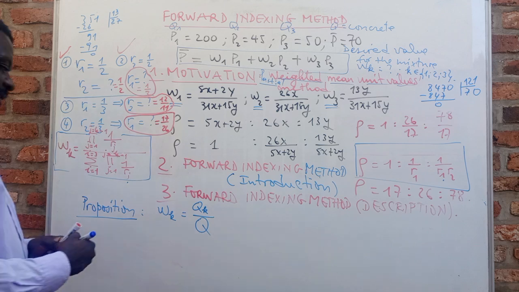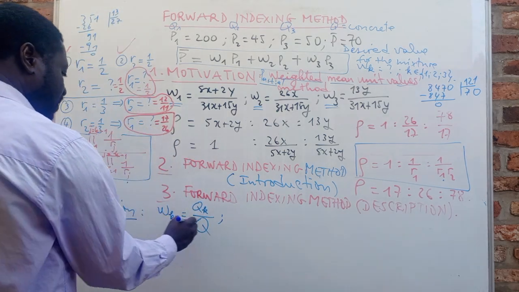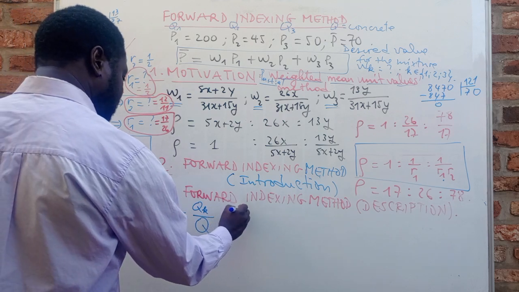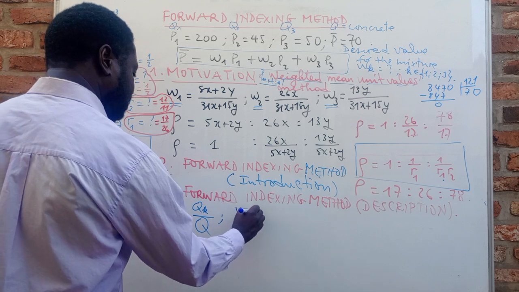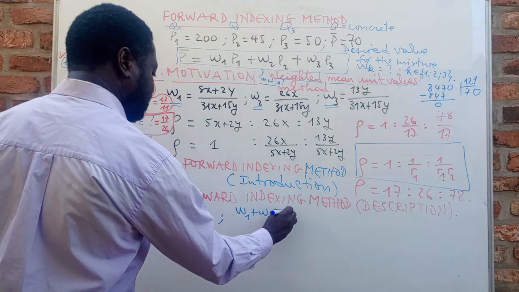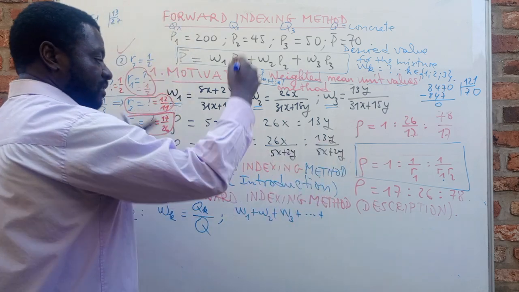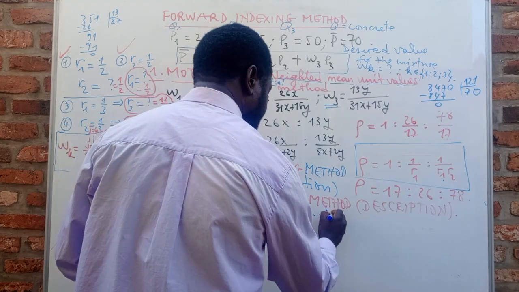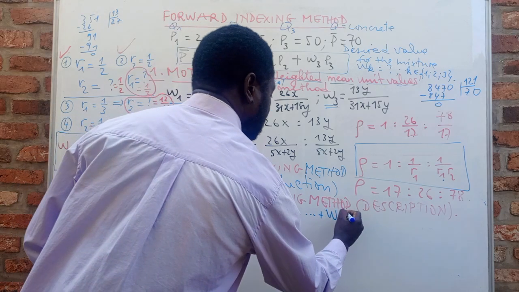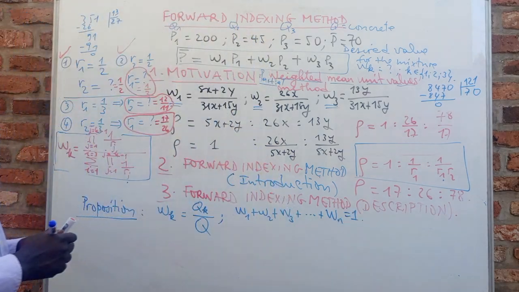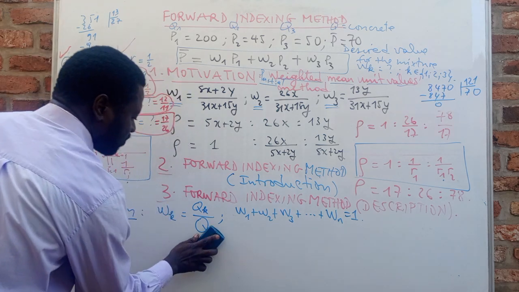So this is the result, and we will see that these weights are normalized, which means that if we add them, the first, second, third, and so on until the last index, suppose n, this must be equal to 1 in general. That is the first proposition we are going to prove.